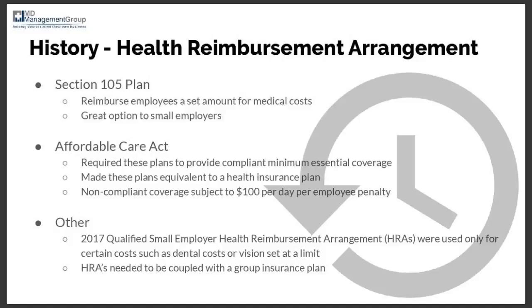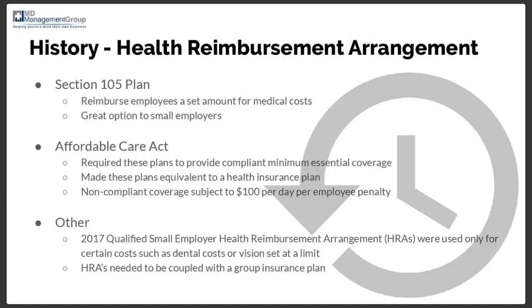And then there was an IRS ruling where people understood that the 105 plan was really very similar to health insurance, and so they would pair it with a group health insurance plan, and then they could have an HRA. So if they wanted to couple that with a group plan, they could do it.